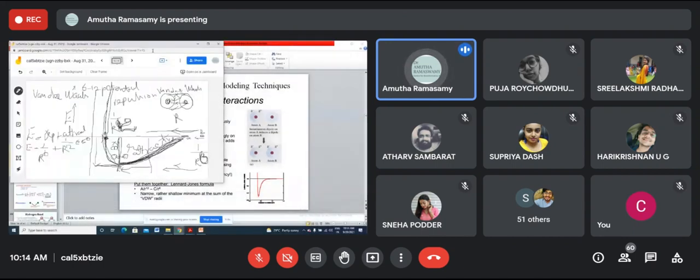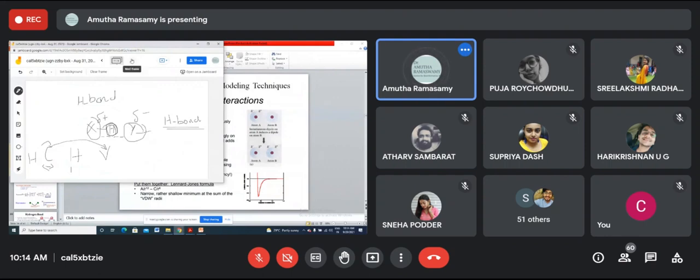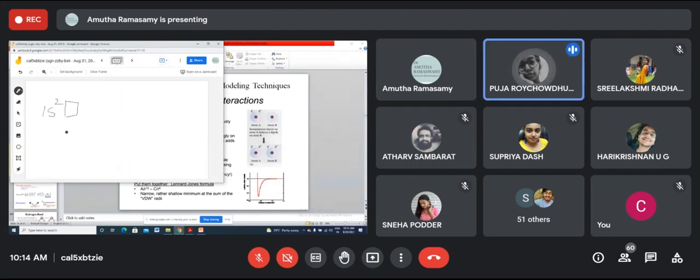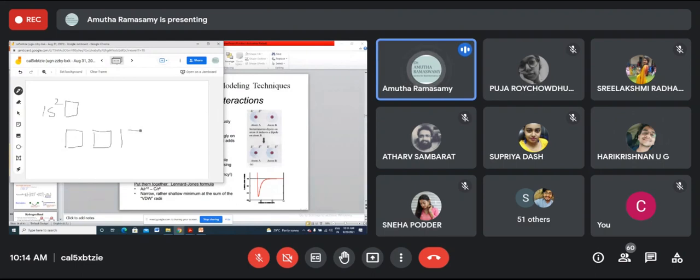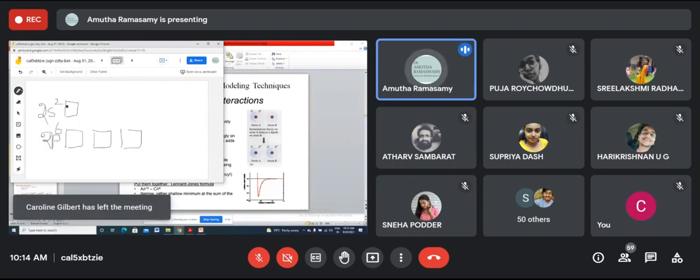What is the Pauli's exclusion principle? No two electrons in the same atom can have identical values for all the four quantum numbers. Slowly, you tell. One person, tell me slowly.